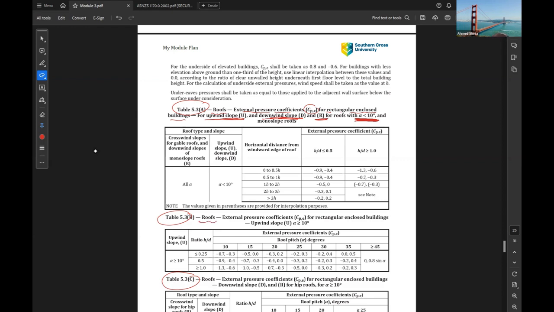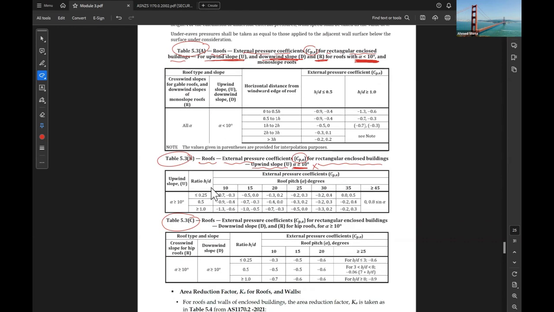And Table 5.3b is for external pressure CPE for a rectangular enclosed building, upwind for more than 10. Usually our building will be less than 10, so we might not need to use this one.